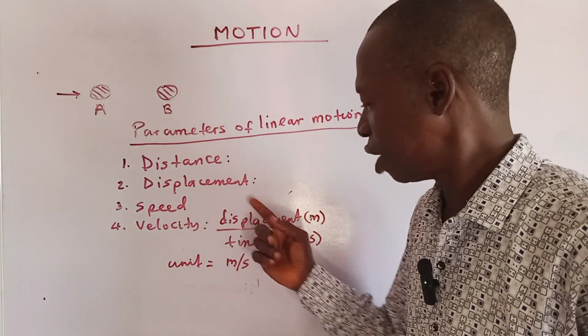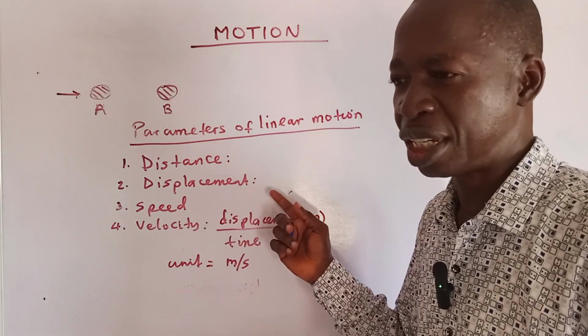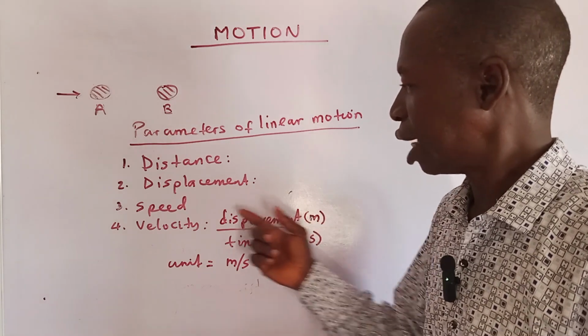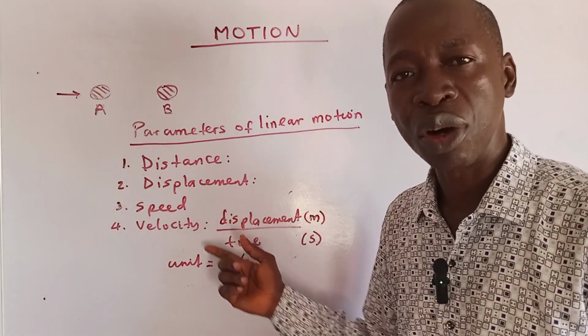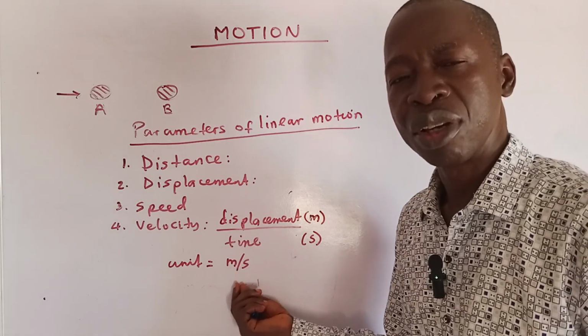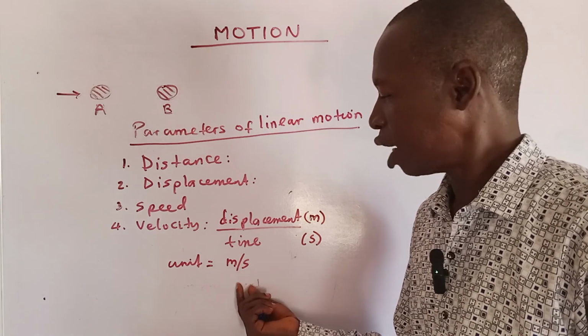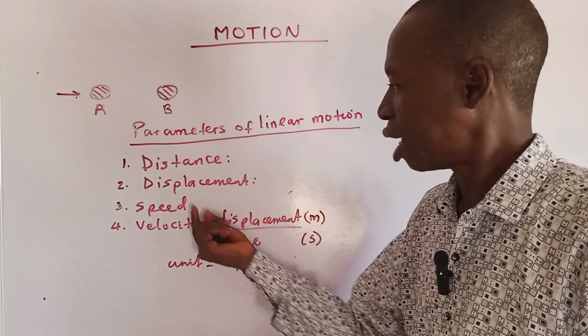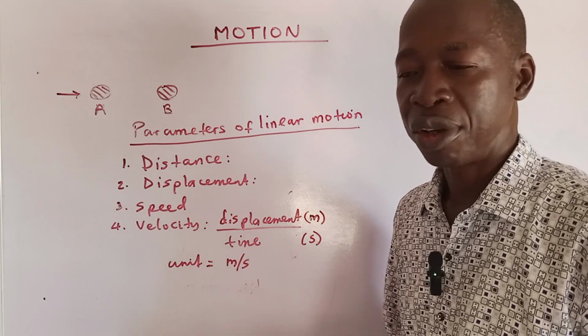Both distance and displacement are measured in meters or kilometers as the case may be. Then time can be measured in seconds or hours as the case may be. So you can have meters per second or kilometers per hour as the unit of either speed or velocity.